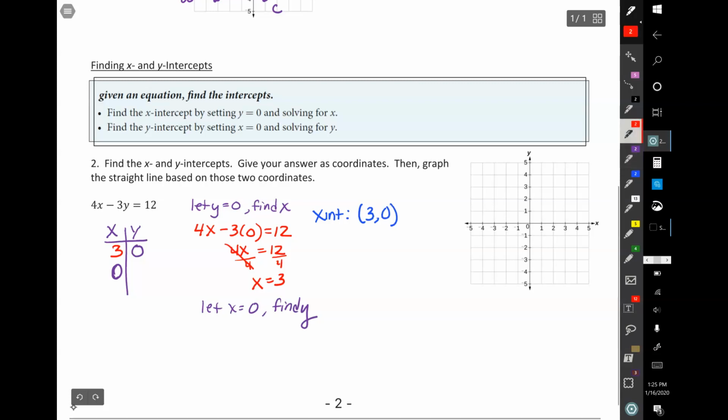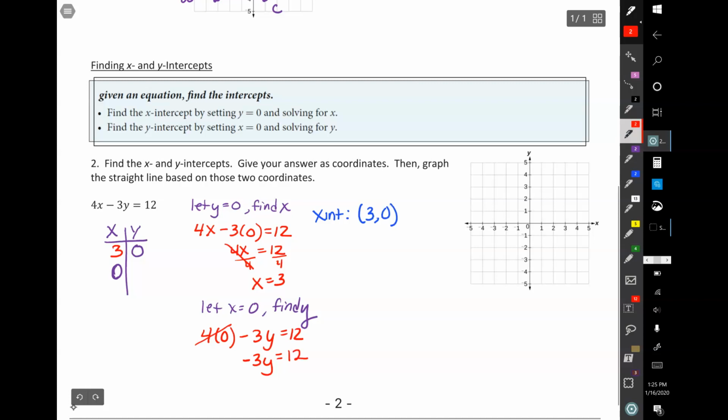And I would just plug in, as I did before, 4 times 0 minus 3y equals 12. And the 4 times 0 goes to 0. Be careful on this when it's a negative there, like we have. Bring the negative down. Sometimes people forget. It gets kind of lost.